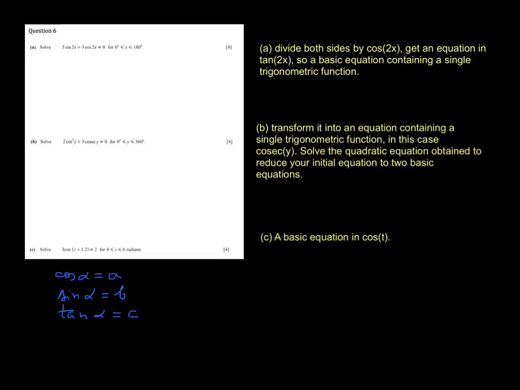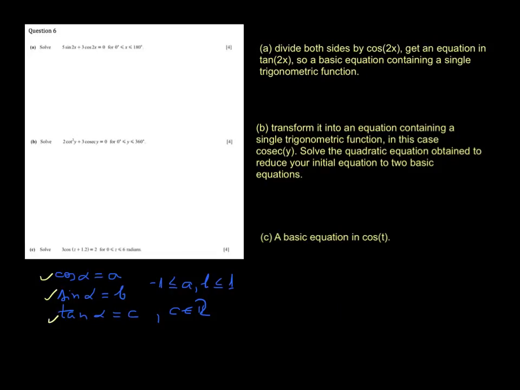But a and b must be between minus 1 and 1 because of the range of sine and cos. C can be any real number because the range of tan is from minus infinity to plus infinity.